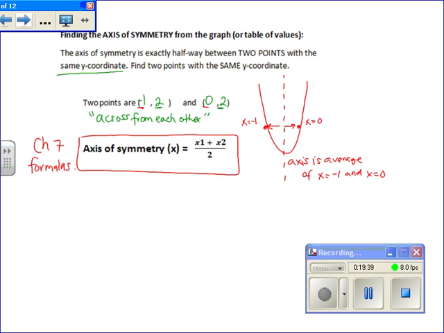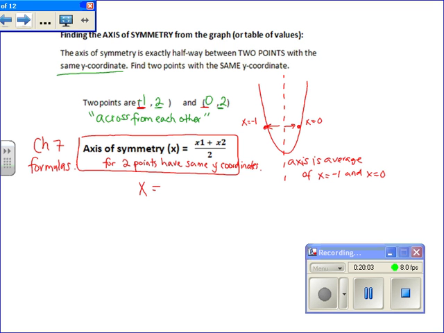So this is for 2 points that have the same y value, the y coordinate. So you pick 2 points that are across from each other, and you're simply going to average out the two x values. Okay, it's an average of those two.